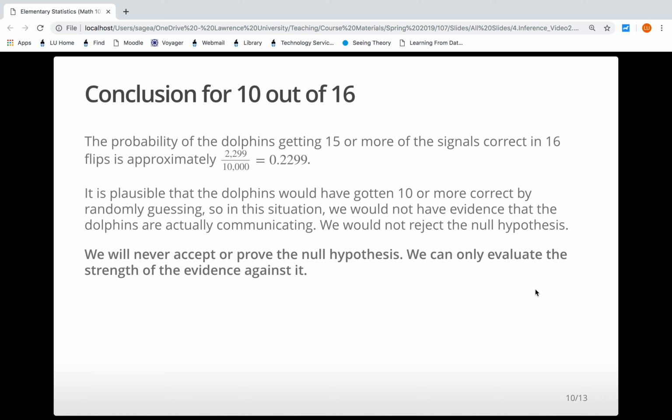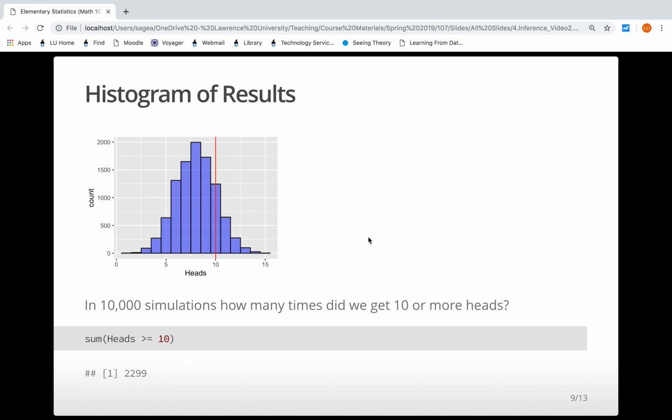All that we are doing is evaluating the strength of the evidence against it. The dolphins getting 10 out of 16 right certainly doesn't prove that they're just guessing. It's just that it's plausible they could have gotten 10 out of the 16 right by purely guessing.